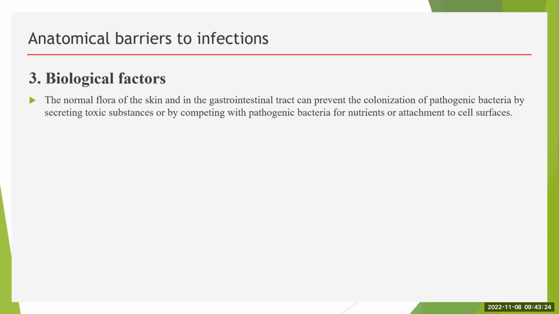Okay, so the normal flora of the skin, also that of the gastrointestinal tract, that of the respiratory tract, can prevent the colonization of pathogenic bacteria by secreting toxic agents or substances that are able to lead to disintegration of bacterial cell walls. They can lead to inhibition of growth, and also they prevent bacterial cells from attaching to particular surfaces so that they do not invade our system. Very, very important to note.